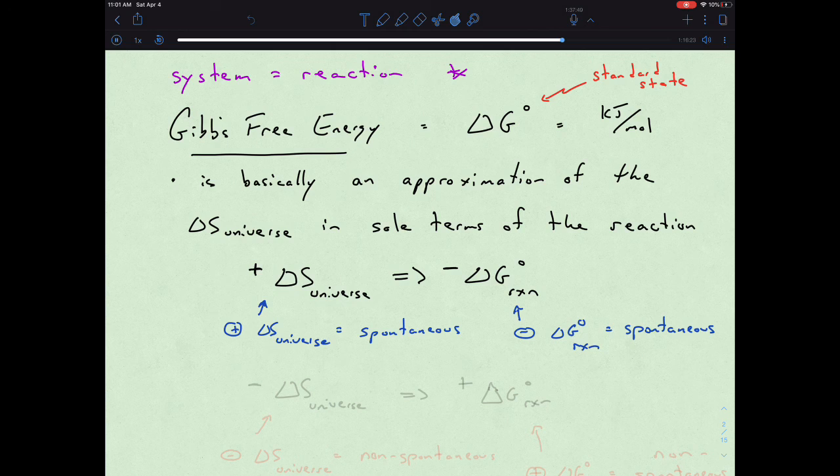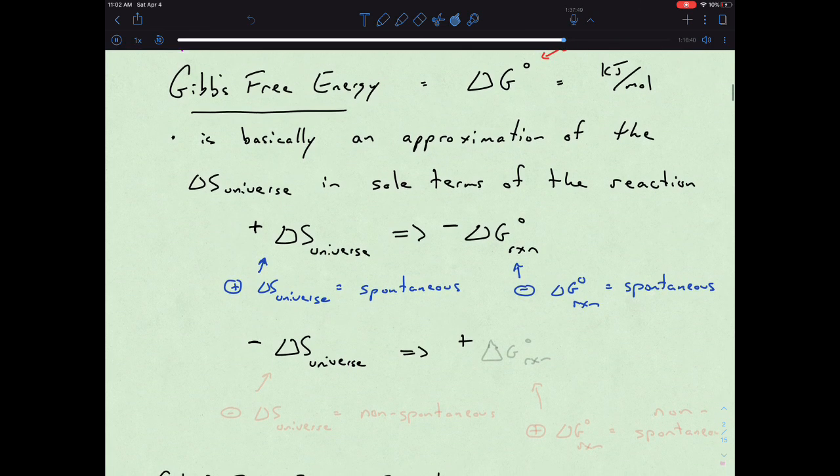So we have that opposite sign relationship between the two. We could say the exact opposite of that, right? That if we had a negative delta S of the universe, that would correspond to a positive delta G for the reaction.